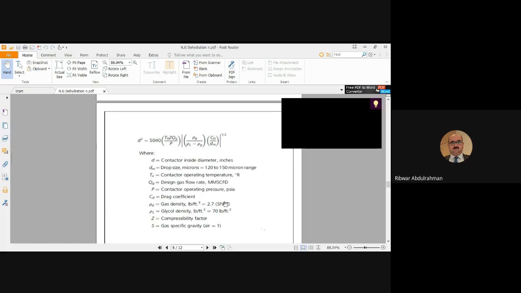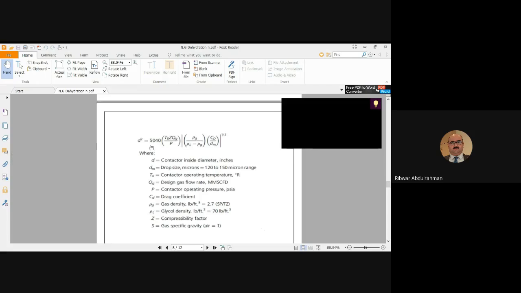You can find it by adopting this equation: d squared equals 5040 open bracket T naught Z Q for the gas, which is the flow rate for the gas, over P close the bracket, and then open bracket rho for the gas over the rho of the liquid minus rho of the gas close the bracket, open a new bracket, CD over dm, close the bracket. All this term is to the power 0.5.